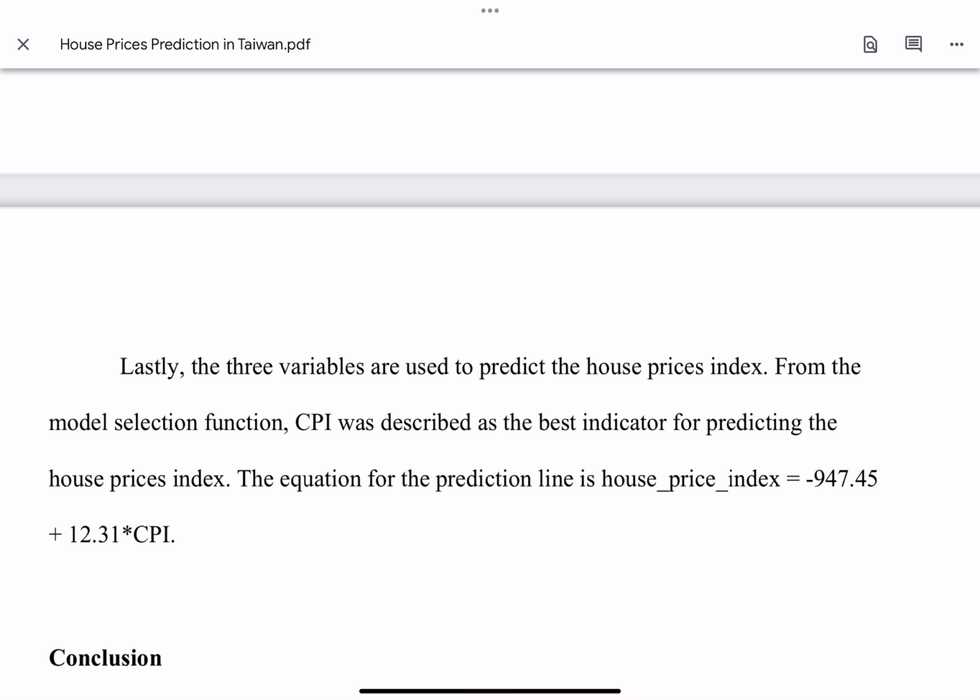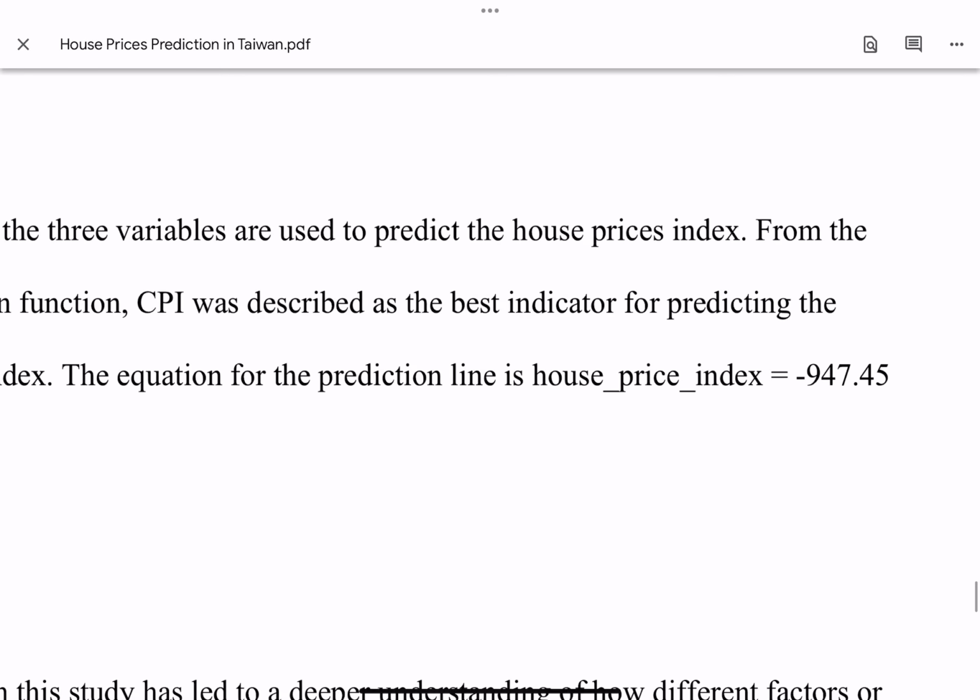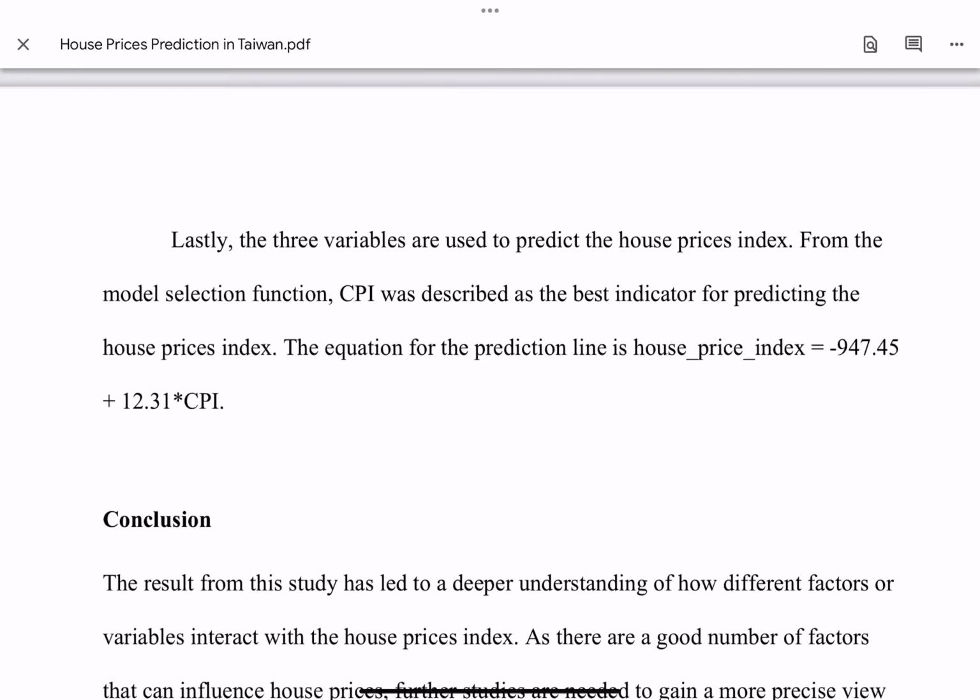And last, we form an equation for the prediction line. It is house price index equals negative 947 plus 12 multiplied by CPI.